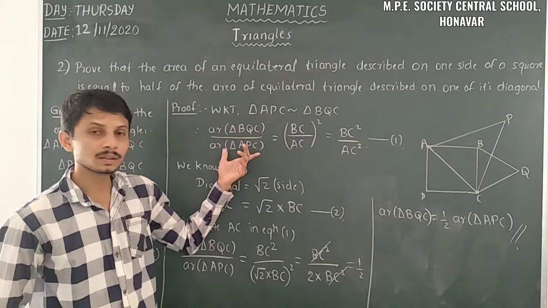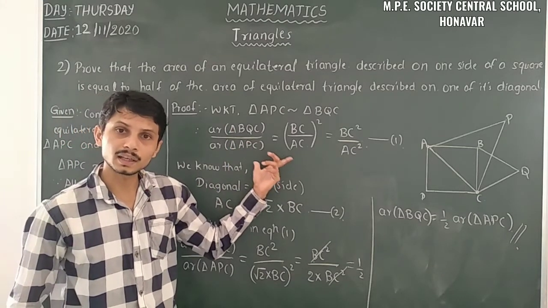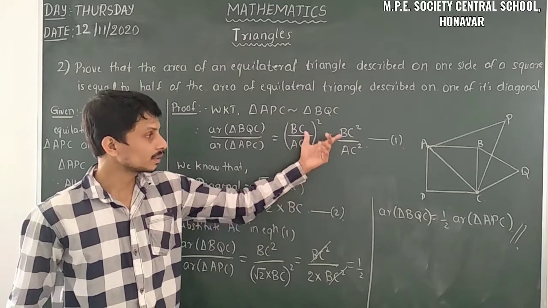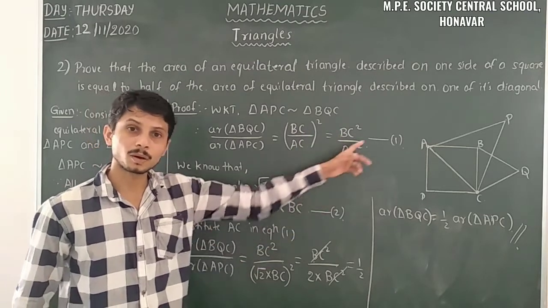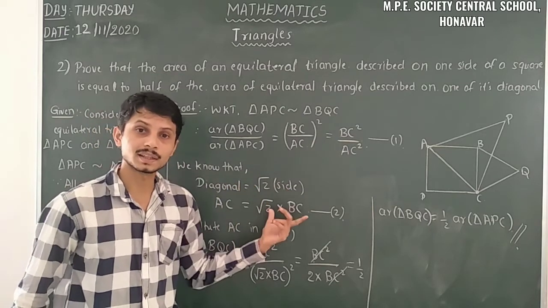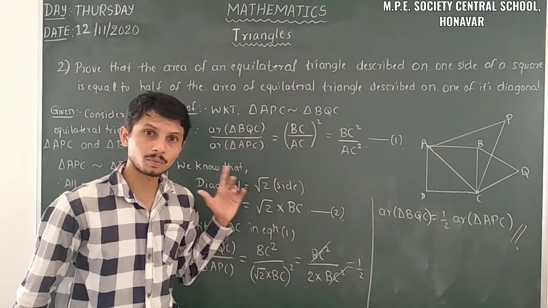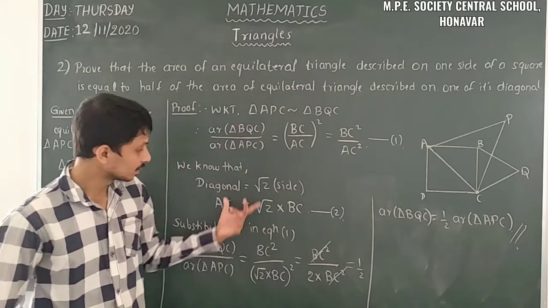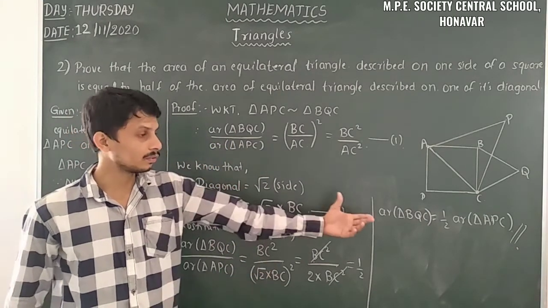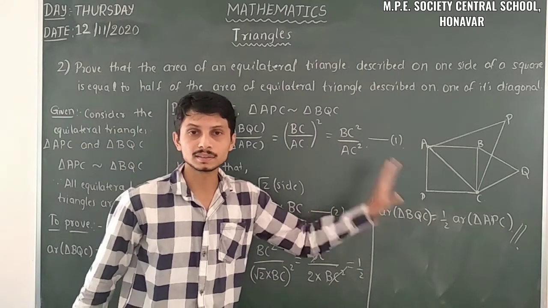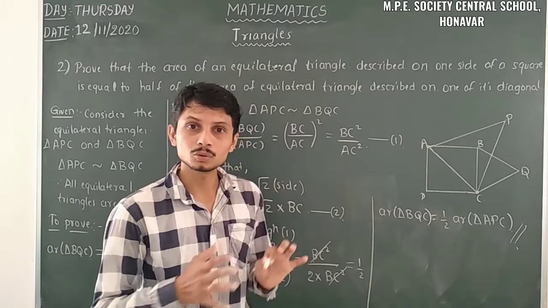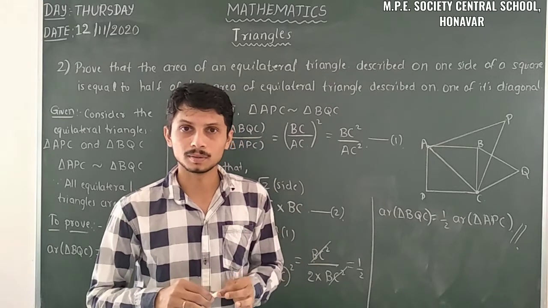So from that we took the theorem on areas of similar triangles. In that we made some modification from the square. So diagonal is equal to root 2 into side. Remember this formula when we have a square. Here we inserted that value and we got the result. So here we have the method to solve such problems.